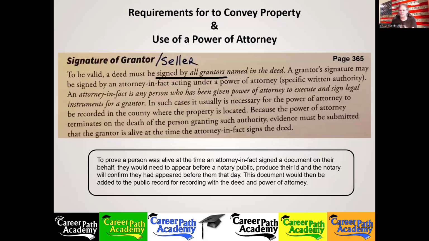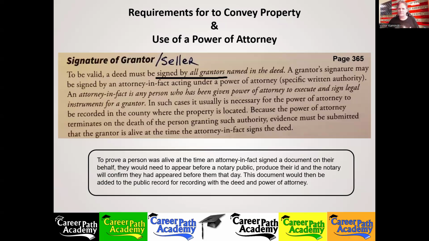It needs to be proven that you were alive at the time they signed the document. Because that power of attorney is only good as long as you're alive. You're just being absent and giving that authority to someone else. Because if you're dead, the transfer of ownership takes place through your last will and testament.